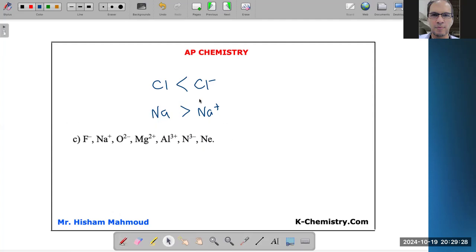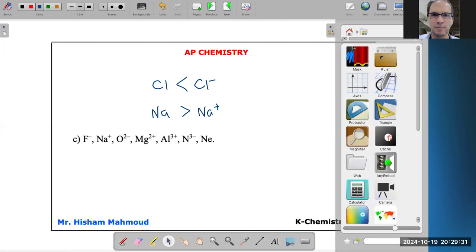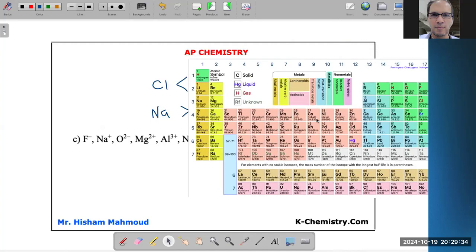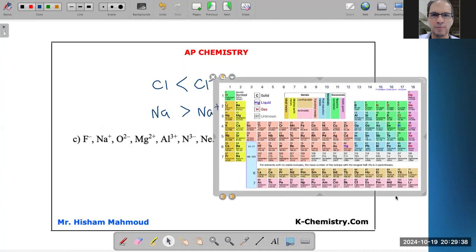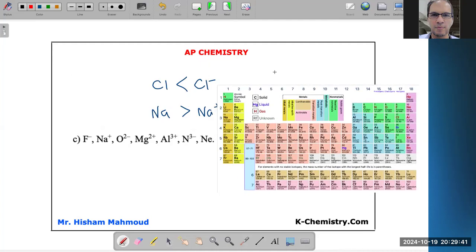How can we arrange them? Let's bring the periodic table and try to arrange them. I have F minus, N3 minus, Na plus, O2 minus, Mg2 plus, and Al3 plus. The number of electrons in all of them, what do you think, Maryam? Is it isoelectronic or not isoelectronic? How many electrons does each have? 9? Here this is 10 electrons. Nice, all of them have 10 electrons. Very nice.